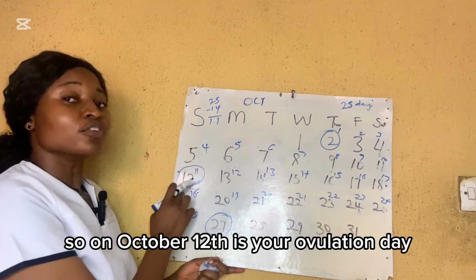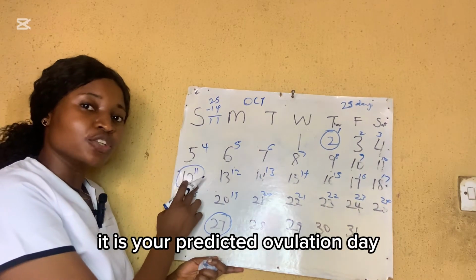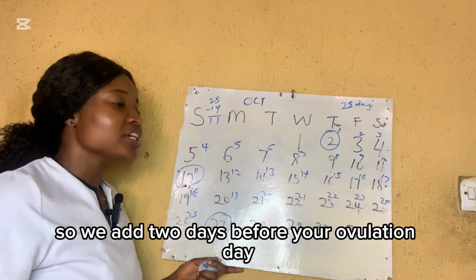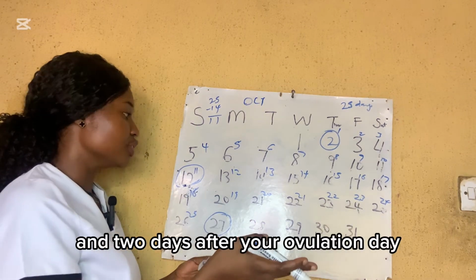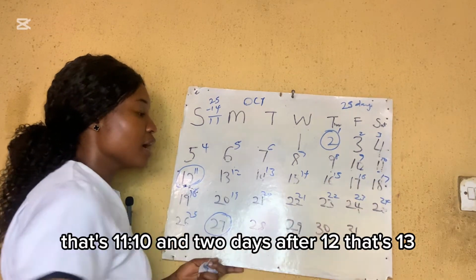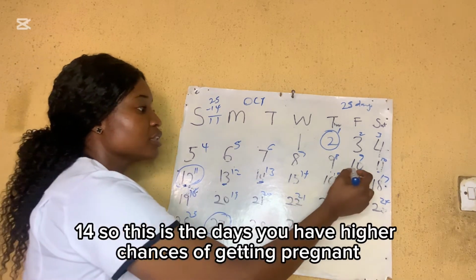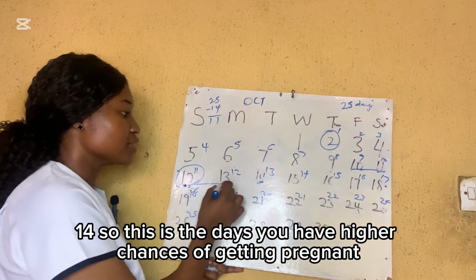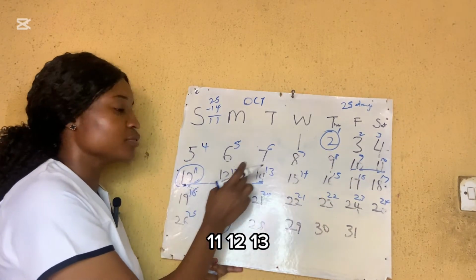So the 12th of October is your predicted ovulation day. We add 2 days before your ovulation day and 2 days after. That's 2 days before 12, that's 11, 10, and 2 days after 12, that's 13, 14. So these are the days you have higher chances of getting pregnant: 10, 11, 12, 13, 14.